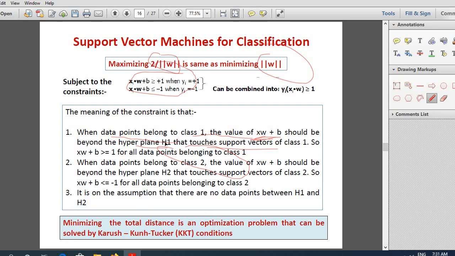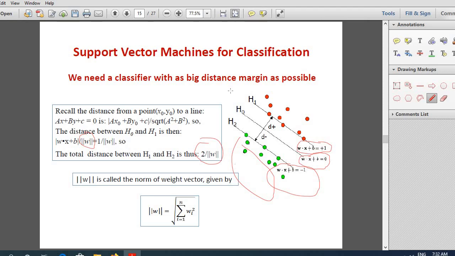So now it is actually an optimization problem which can be solved using various techniques. This is just one possible hyperplane that can separate the data.